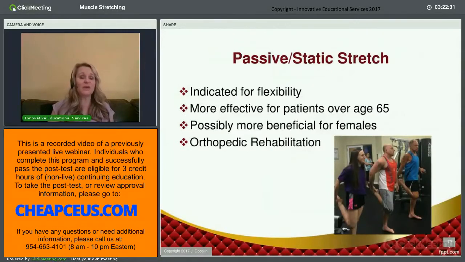Generally speaking, where this brings us is that passive or static stretching is beneficial to increase flexibility, and it can be more effective in patients over the age of 65 if we hold that static stretch for closer to 60 seconds. That increased hold time is going to give greater benefits for our patient.